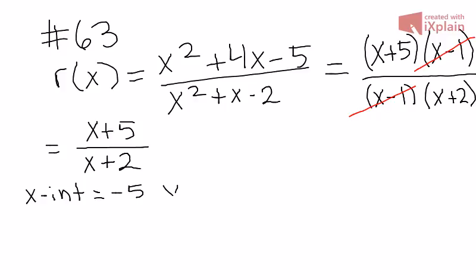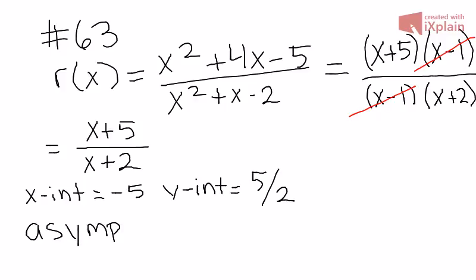Okay, so now we're basically looking for the x-intercepts and the y-intercepts. X-intercepts, remember, that's when it touches the x-axis, so that's when y equals 0, and the y-intercept is when x equals 0. So we just solve there.